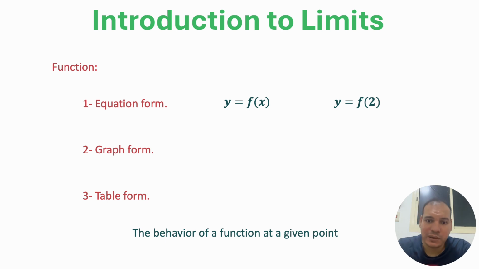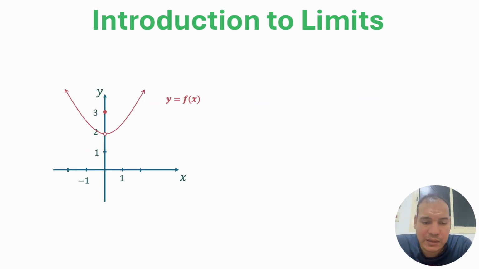Alright, let's move on. Let's have a look at this example. We are given a function, as you can see here. What is the value of the function at 0, f of 0? When we move to x equals 0 here, which is the origin, and look at the graph, the graph has an empty circle here in the middle, but this closed circle shows the value of the function at x equals 0.